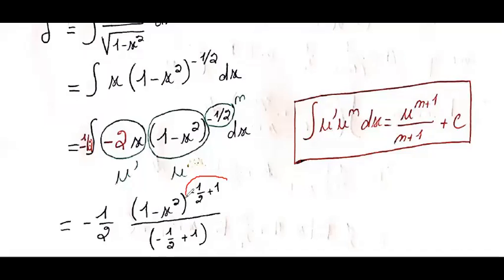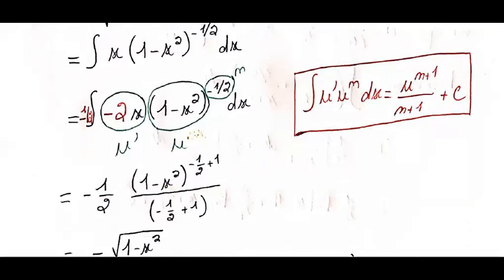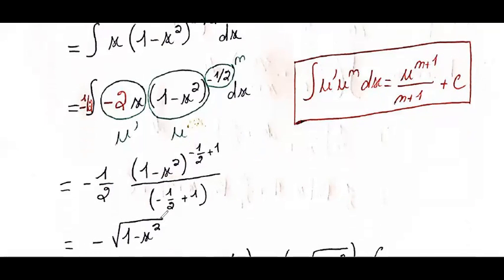And minus half plus 1 is equal to half, which means we can simplify the half outside the integral with the half here. And having power half means it's the square root of 1 minus x squared. If we remove all these, we get that this is equal to minus square root of 1 minus x squared.